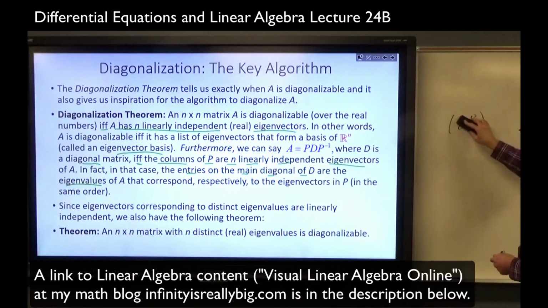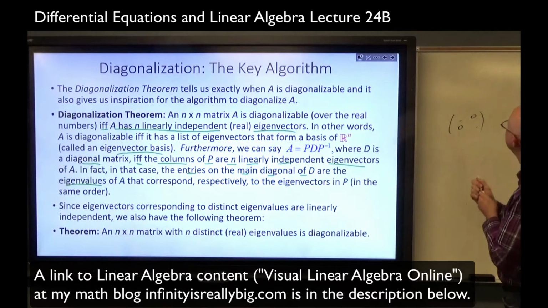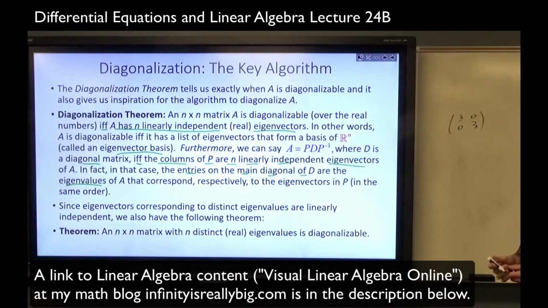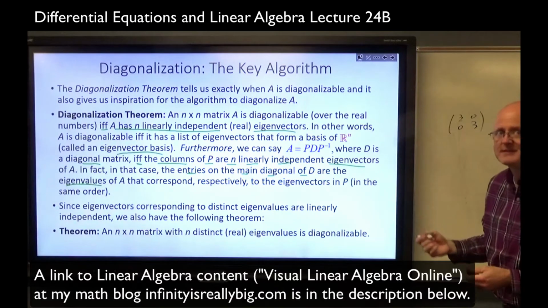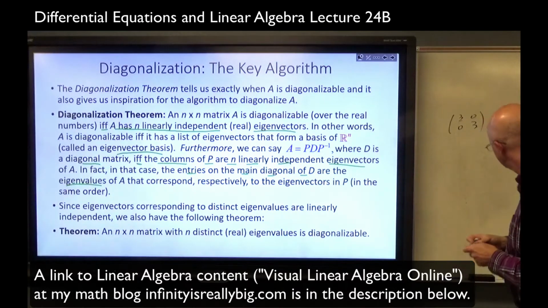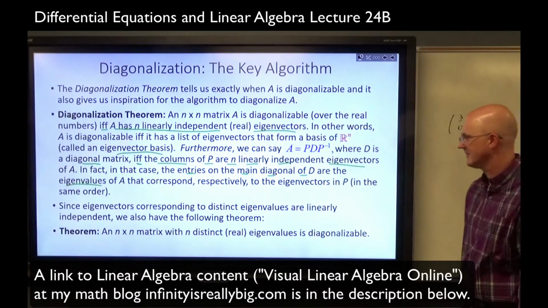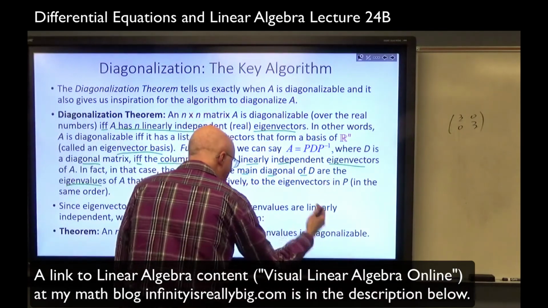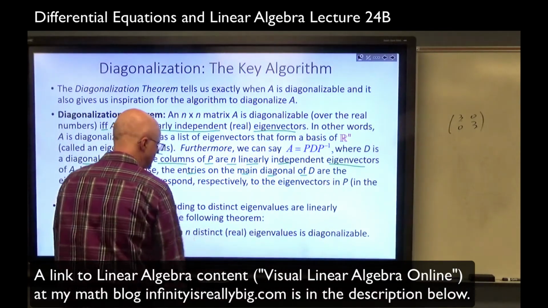Maybe I should use something other than 2 here. It's got one distinct eigenvalue, 3, though it has a multiplicity of 2. So this is not an if and only if. It would mean, however, that if A is not diagonalizable, then there will not be n distinct real eigenvalues.